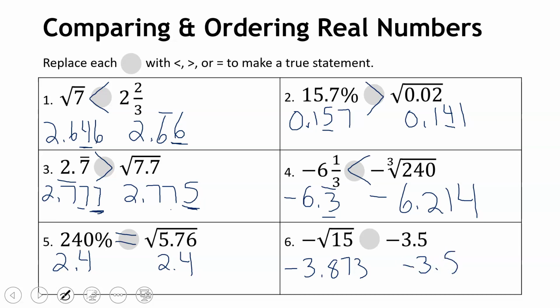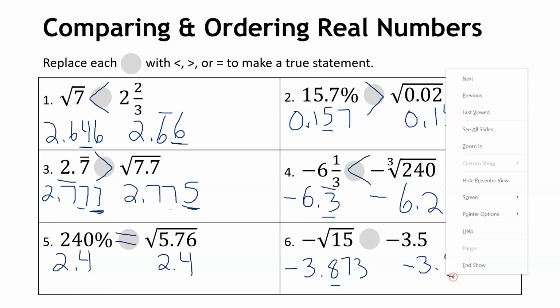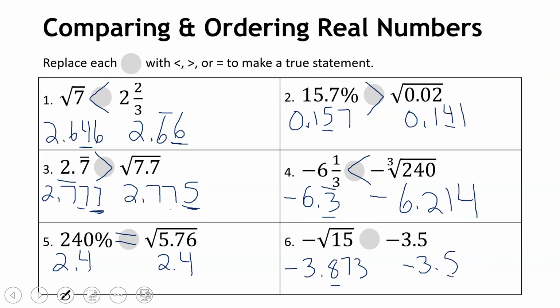So I could have rounded simply to the tenths place instead of going to the thousandths place, because we can see here that the 8 is different than the 5 in the tenths place. A negative 8 is smaller than a negative 5. So again, this is a less than symbol for our answer. Negative the square root of 15 is less than negative 3.5. Please remember to be careful with your negative signs.